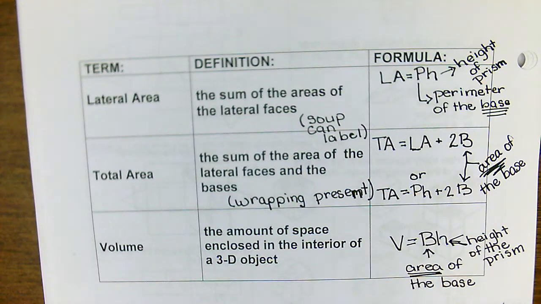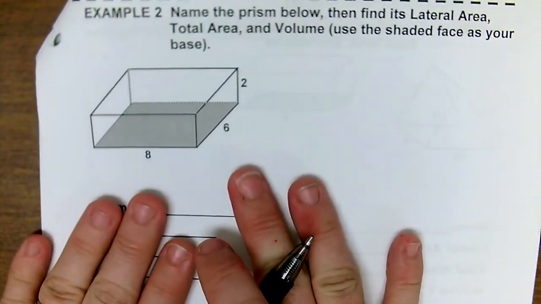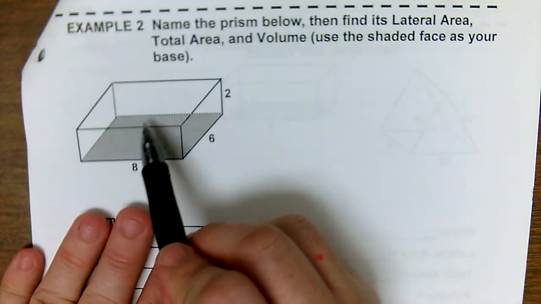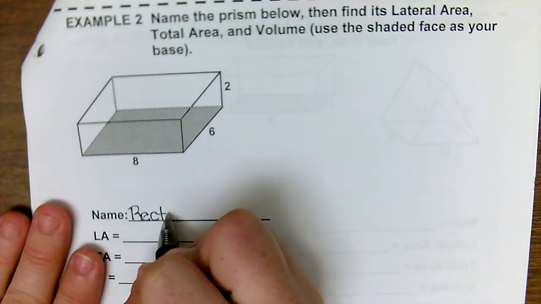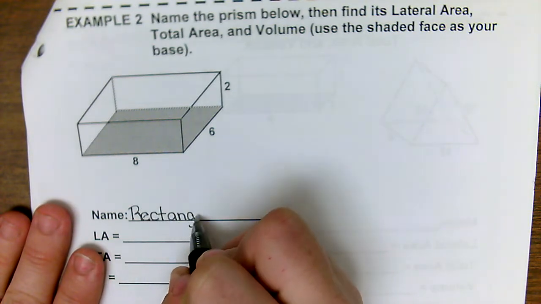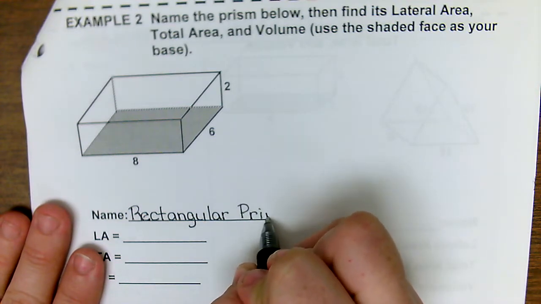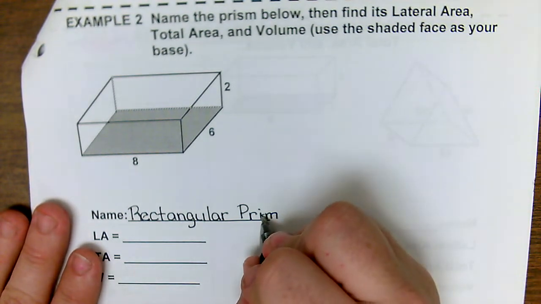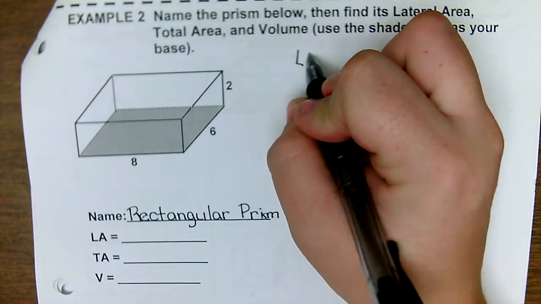Alright, so let's go ahead and practice. Our base is shaded for us this time. So let's name it. If our bases are rectangles, then it is a rectangular prism. Okay, so lateral area.